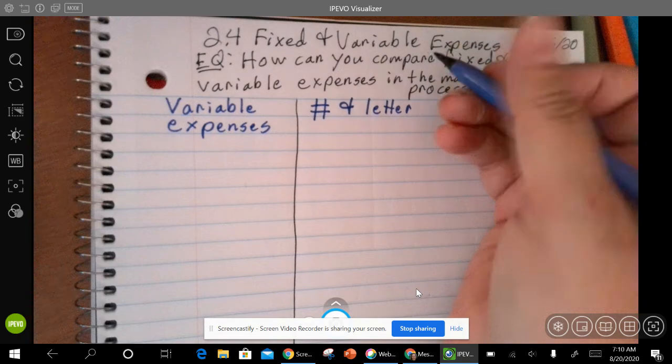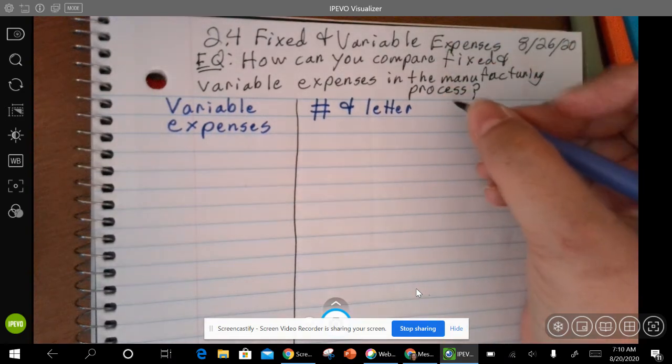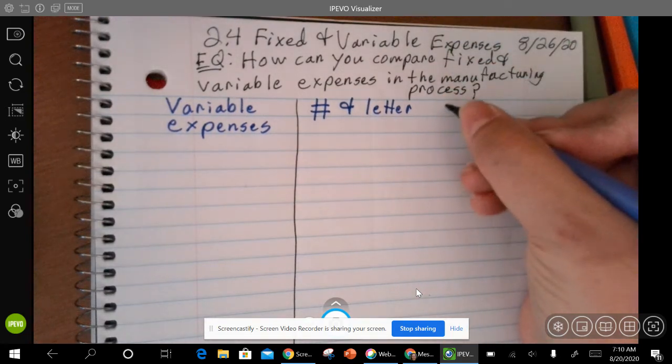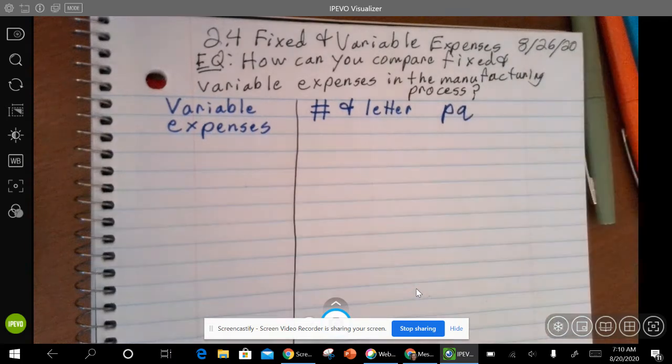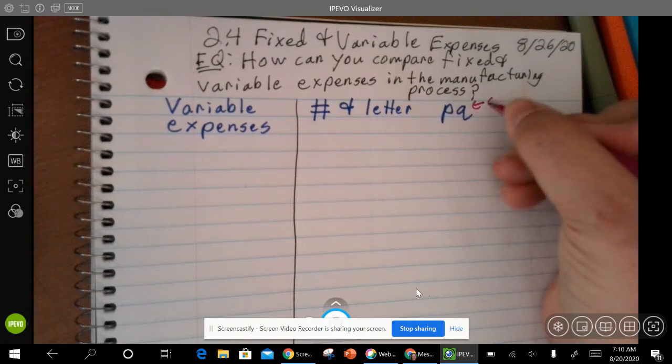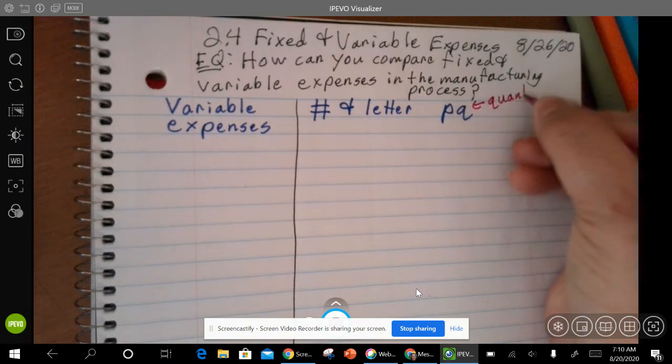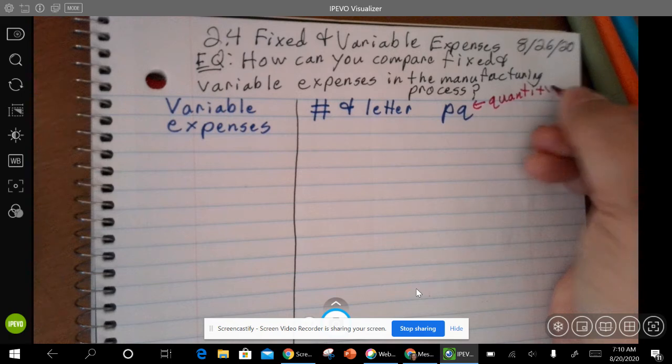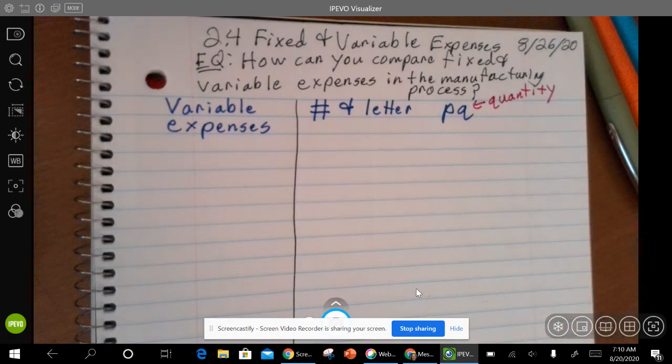So we use PQ. Q is the quantity, Q for quantity.